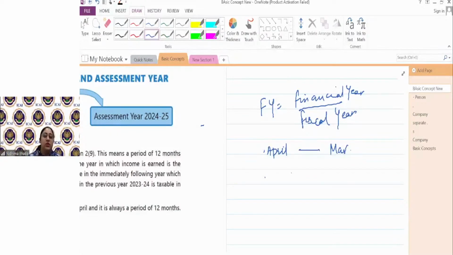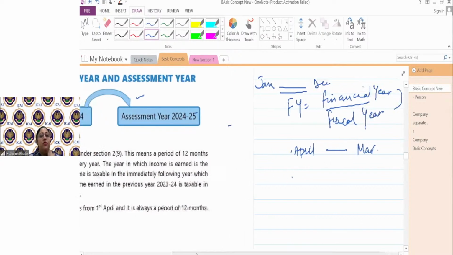So it's not that fiscal year will be the same everywhere and financial year will be the same, but the meaning of both the things is the same. If calendar year is written somewhere, what does calendar year mean, guys? January to December. So if I say in the calendar year 2023, I mean January to December 23. But if I say fiscal year 23, I mean April 23 to March 24, referring to the Indian period.